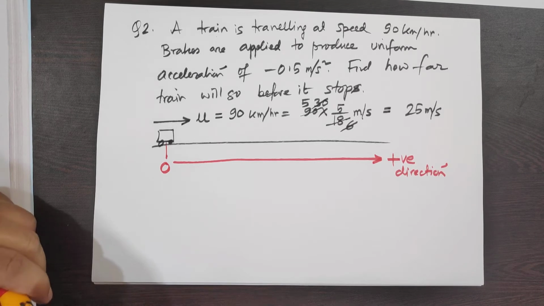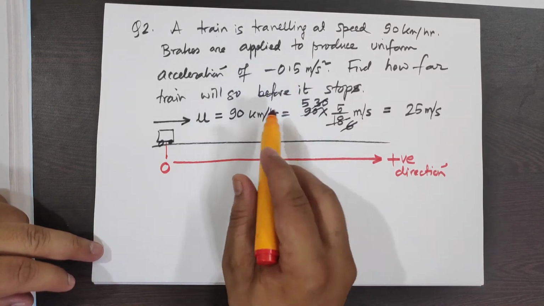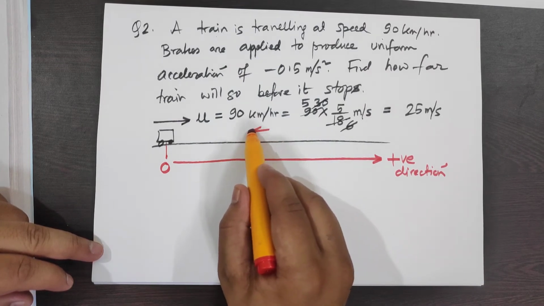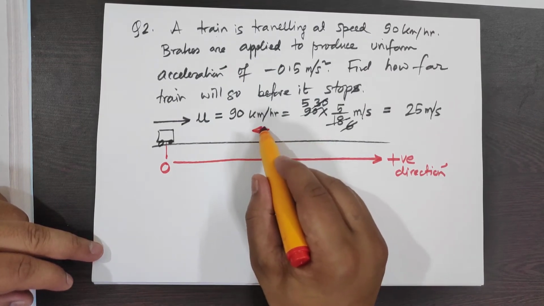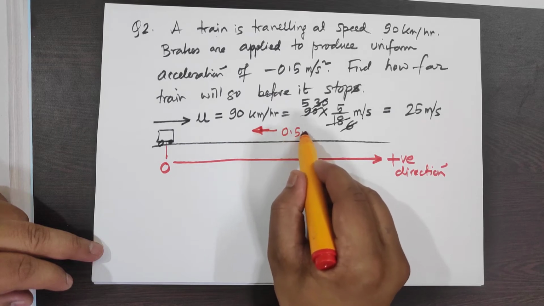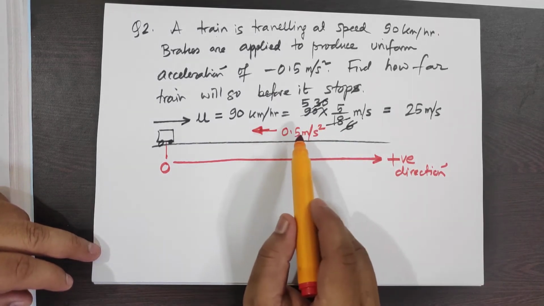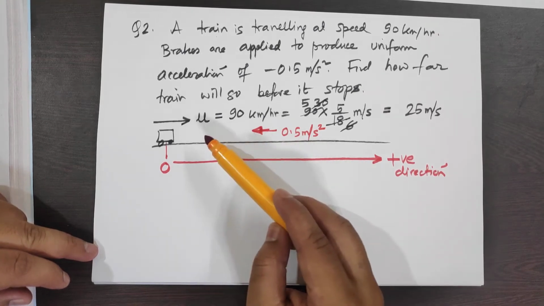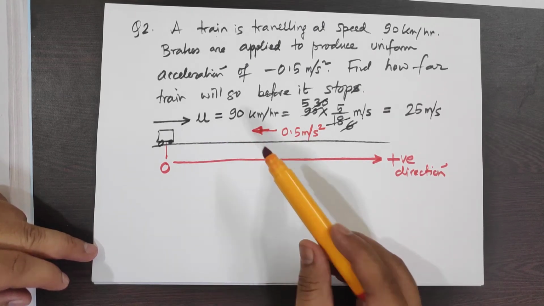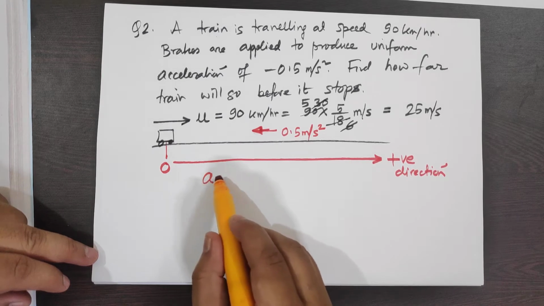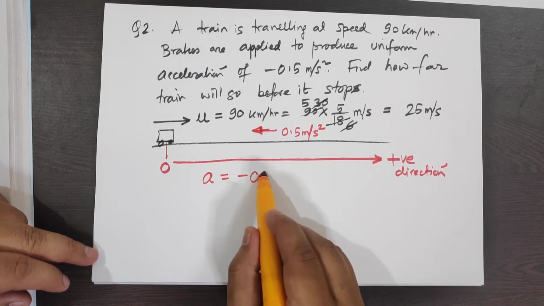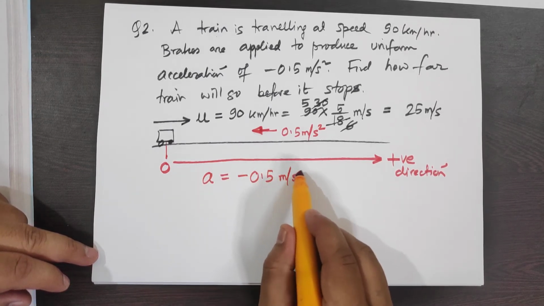So here it is uniform acceleration of minus 0.5. It stops, means the acceleration is this way, so there is a force in this direction, so acceleration in this direction. So what will you write? a equal to minus 0.5 meter per second square.